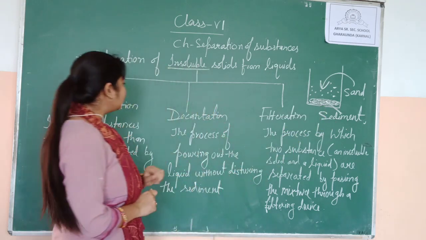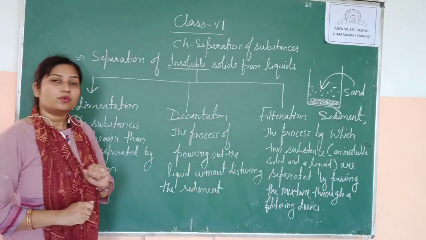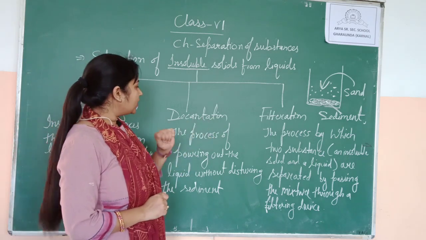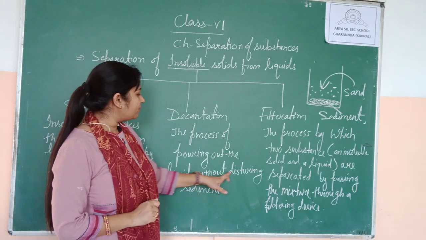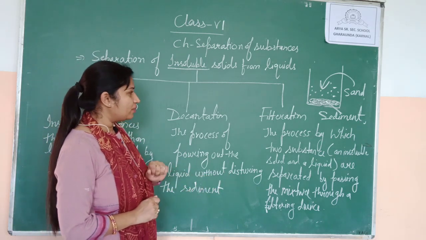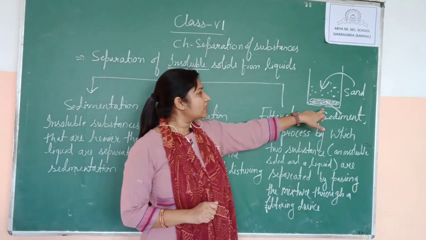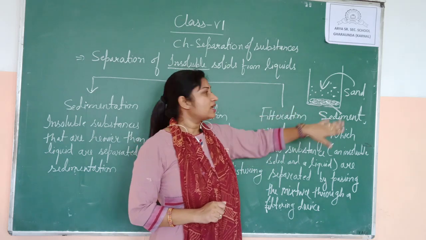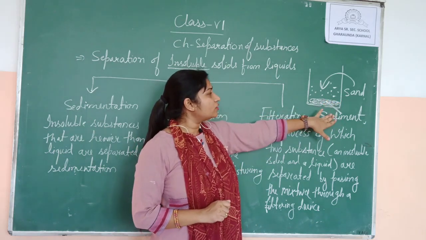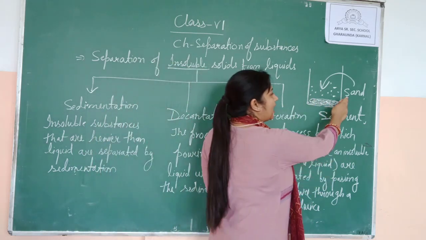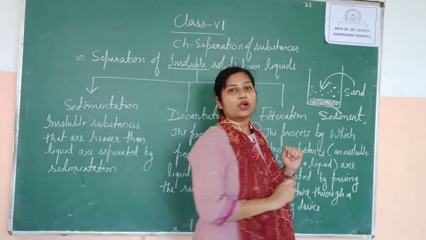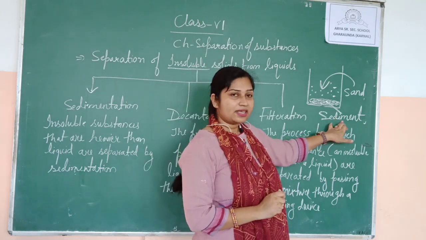Now the next method is decantation. What is decantation? Decantation is the process of pouring out the liquid without disturbing the sediment. As I have already discussed, the sand which is settled down at the bottom of the mixture is said to be sediment.